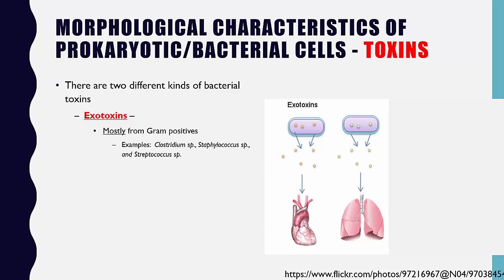Some of the most powerful exotoxins come from Clostridium, like Clostridium difficile, C. diff, Clostridium tetani, tetanus, Clostridium perfringens, Clostridium botulinum, botulism. Also Staphylococcus aureus, staph. There are different kinds of staph. And strep, Streptococcus pyogenes, group A strep is the biggie there. They tend to be really big at making exotoxins.